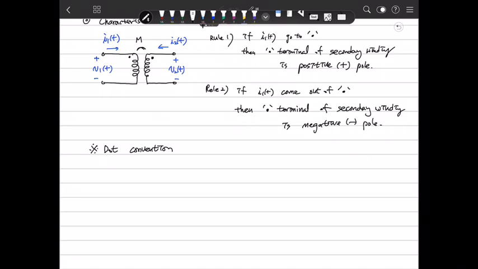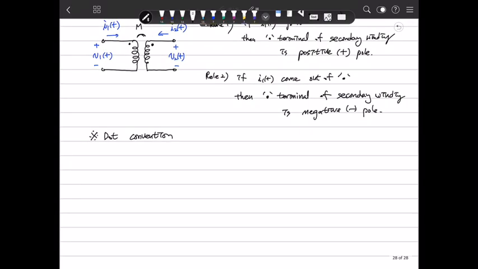When you make a winding on the core, according to the direction of the winding, the polarity can be different. So if we have a transformer, we need to know the direction of that. To express the direction, we use the dot convention.